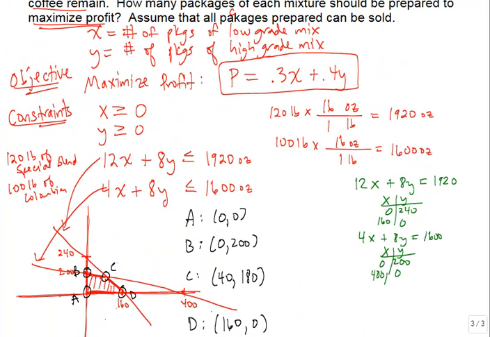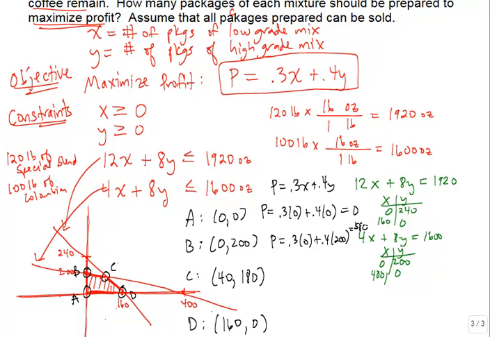Alright, now that we have found our 4 corner points, all we need to do now is plug them back in to our profit function up here. So we're going to be plugging them in into p equals 0.3x plus 0.4y. So this profit p would be 0.3 times 0 plus 0.4 times 0, which is obviously 0. Then for the second corner point, 0.3 times 0 plus 0.4 times 200. And if you plug that in, you get 80.